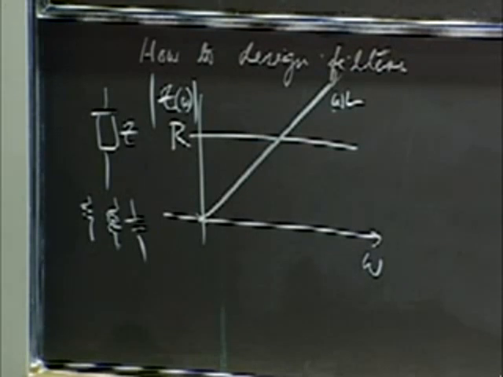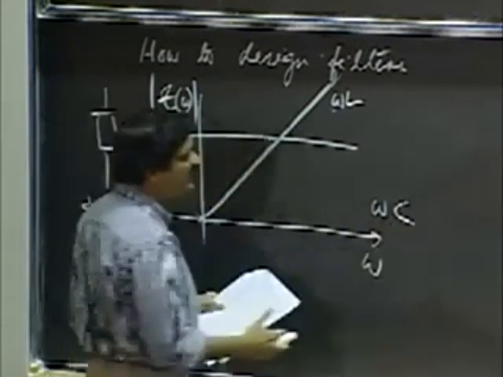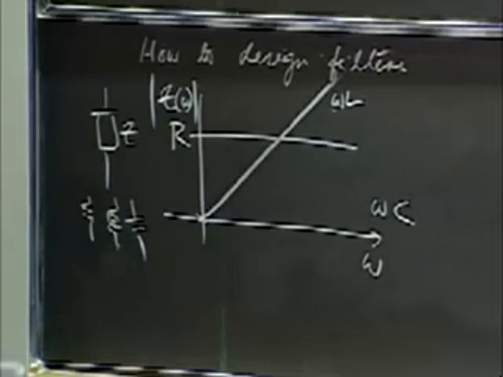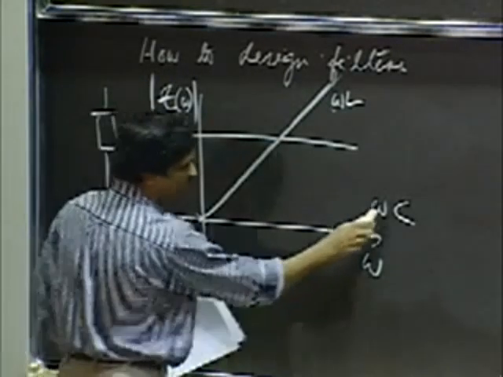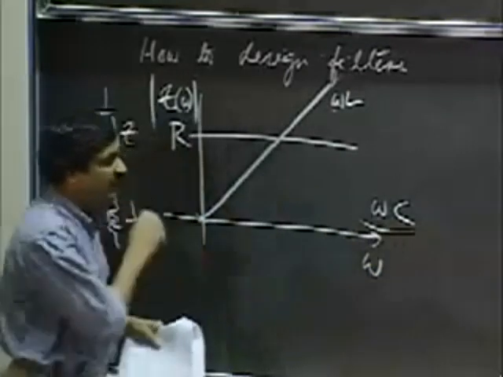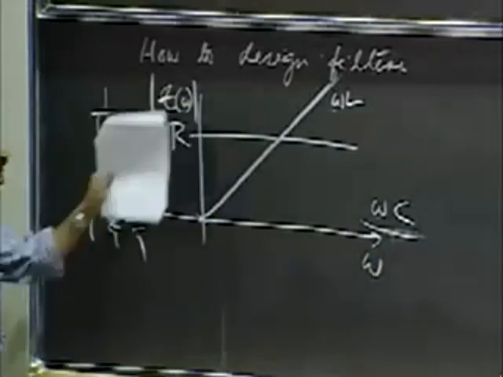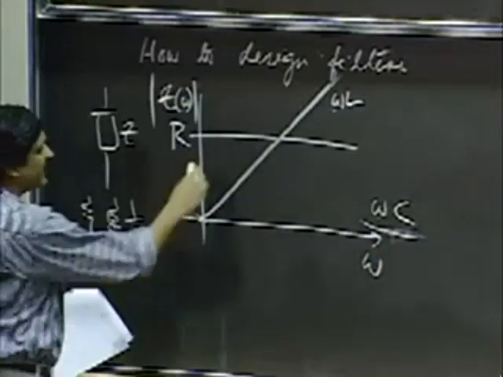What about for the capacitor? For the capacitor, the impedance is 1 divided by j omega C. So I get the dependence being related to omega C, which says that for very high frequencies, the impedance is very low, but for very low frequencies, the impedance is very high.